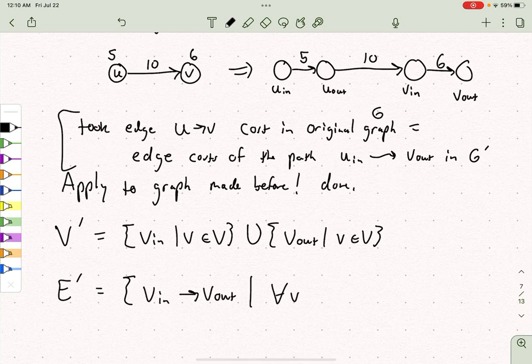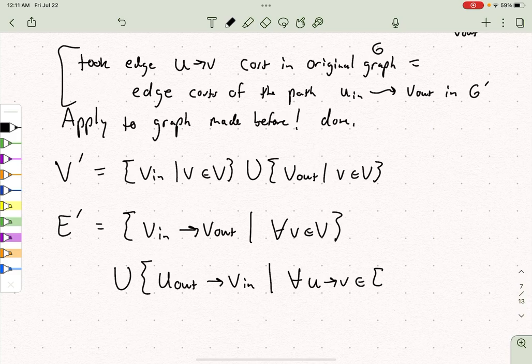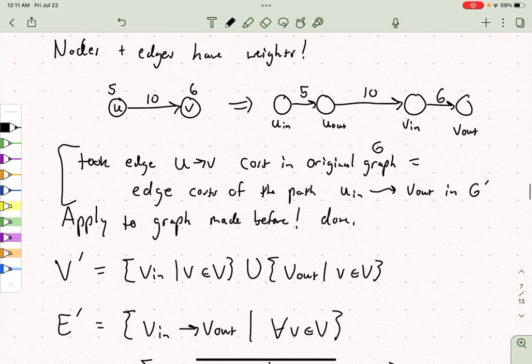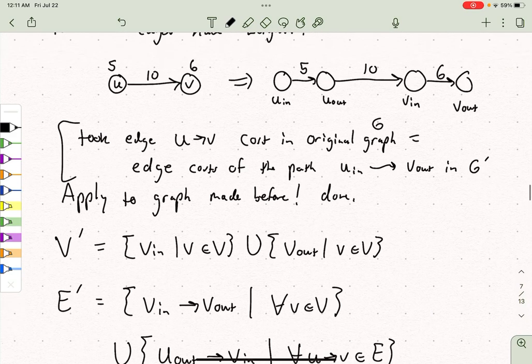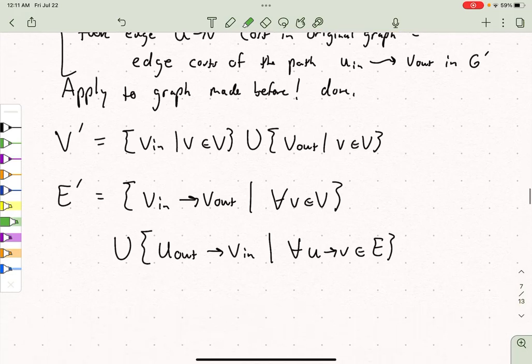This is for all v in the graph. Then we also have, for each edge u to v, a u out goes to v in. That's for each edge u to v in the original graph. So that's just implementing this picture here into mathematics. We have the u out to v in edge. Then we have the u in to u out edge and the v in to v out edge.